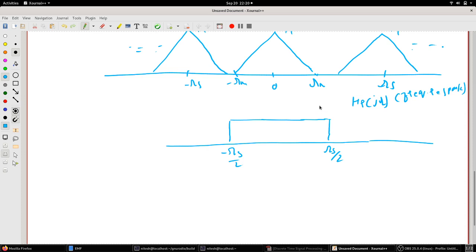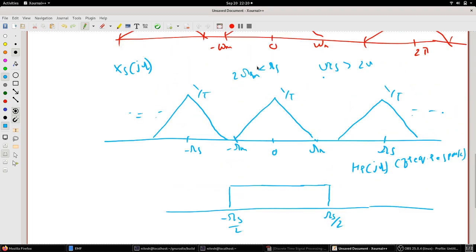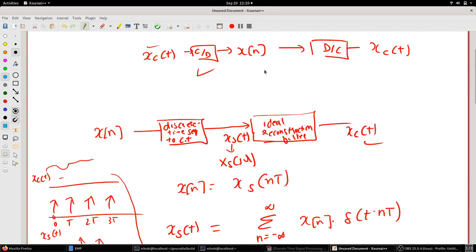What will happen is I have to multiply in the frequency domain. If I pass this through the ideal reconstruction filter, my output xr(t) is xs(t) convolved with hr(t), which is the impulse response function.